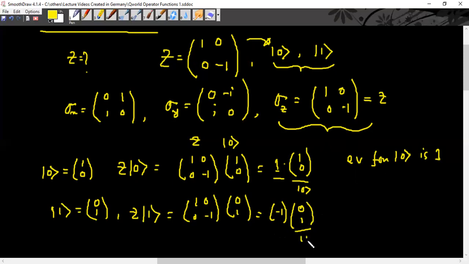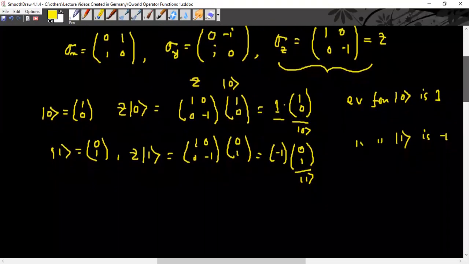So the eigenvalue for ket 1 is minus 1. So we got the corresponding eigenvalues for ket 0 and ket 1.